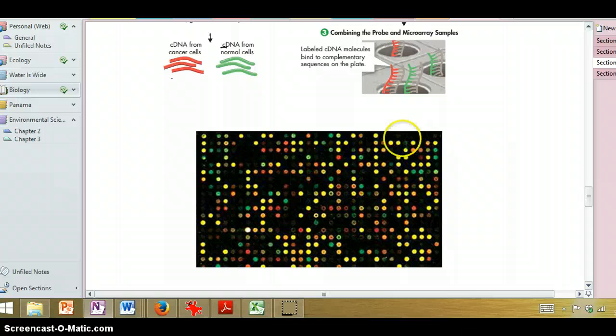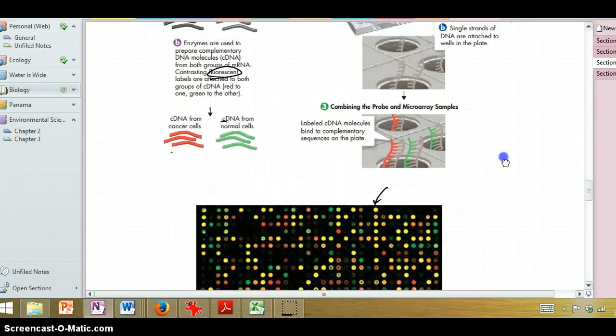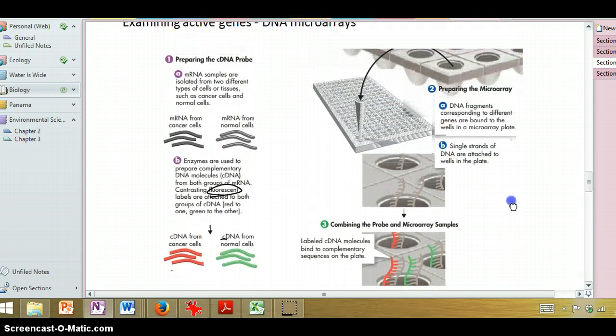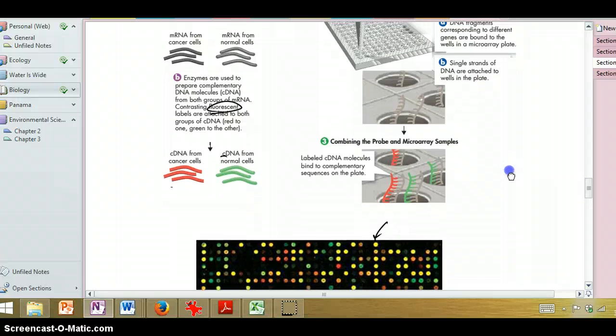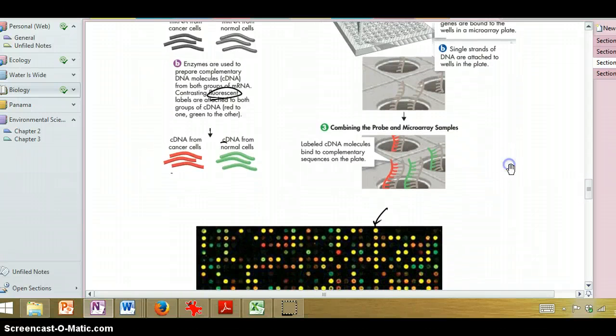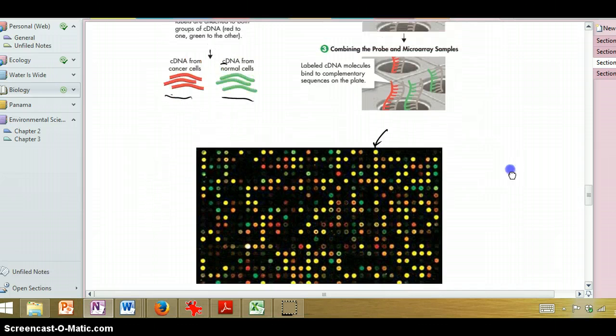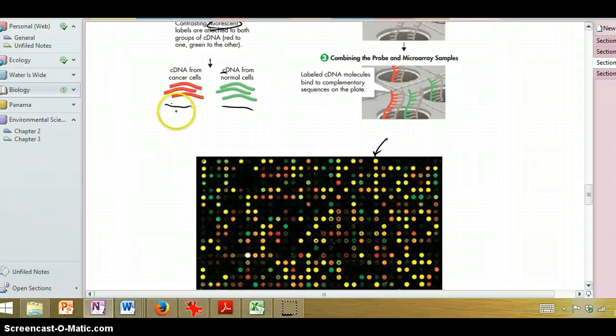In a different cell, if you tested the same genes, you might see that those are lit up because those genes would be expressed, whereas perhaps this one right here would not be expressed because it's not being used by that cell. In the example they give us, they're comparing two different cells, cancer cells and normal cells, on the same microarray, and they've labeled each with a different color.